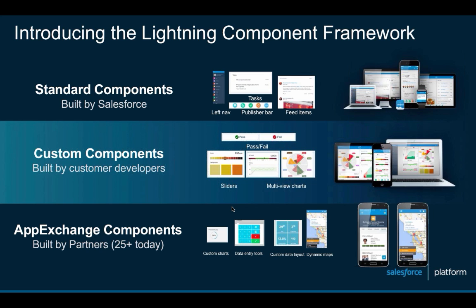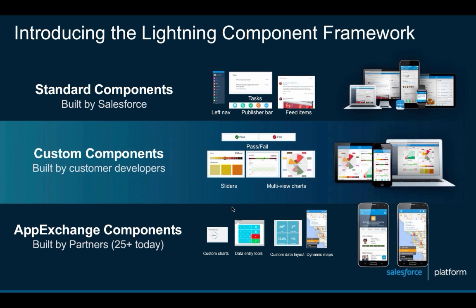So they're standard components. These are ones built by Salesforce, and they have different levels of granularity or features. So you can see inside of the Salesforce1 app, we have the left-hand nav. That's a component. Within that nav, each one of the links is another component. We've got the publisher bar at the bottom, and so on.